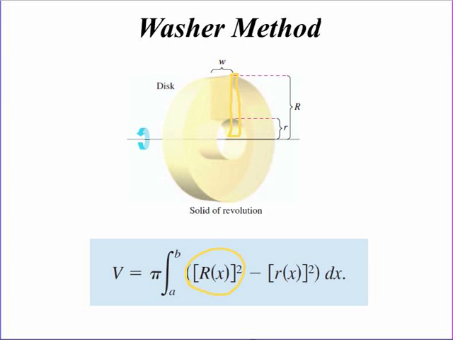Okay, and so you've got your big radius, and you're going to subtract from that your inner radius right here. Notice you square each of them first before you subtract them. So that's what's different from the previous problem that we looked at. Main difference is because there's a hole in the middle. So we take the big radius squared minus the little radius squared. And that should make sense because you're finding the volume of the big minus the volume of the middle.